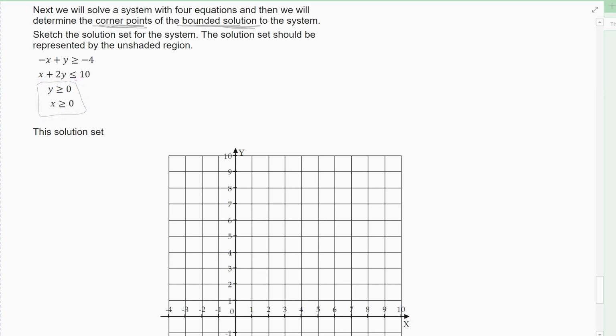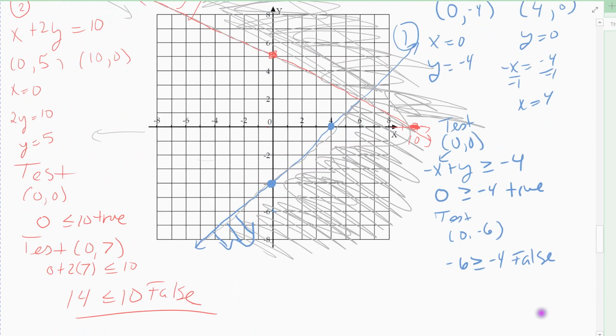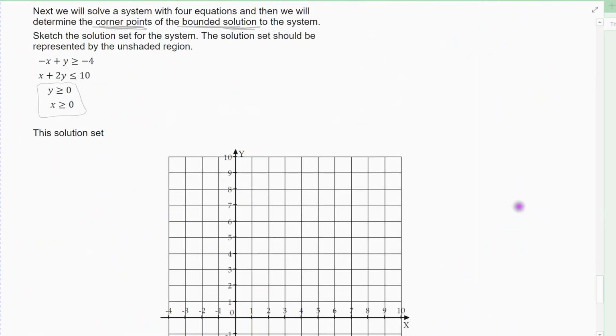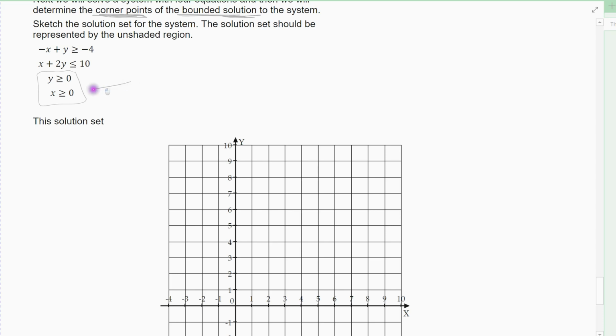You'll notice that those are the exact same two equations that I had in the previous example, but I added 2 more to it. So I'm going to graph those 2 lines exactly the same. And in applications, we'll always have these because we'll be talking about items, things, time, materials.